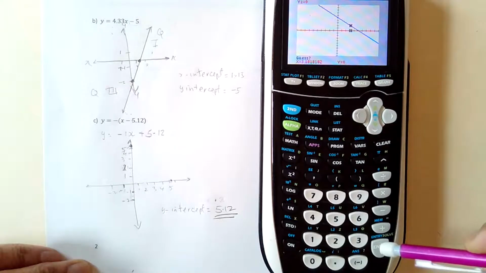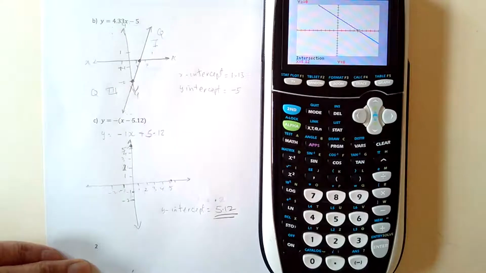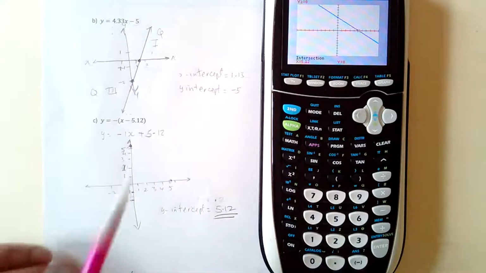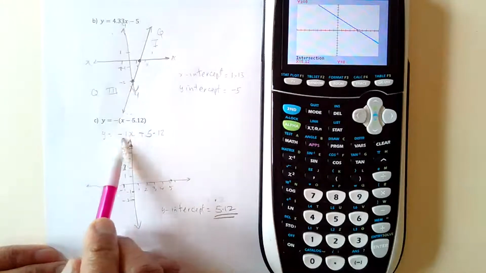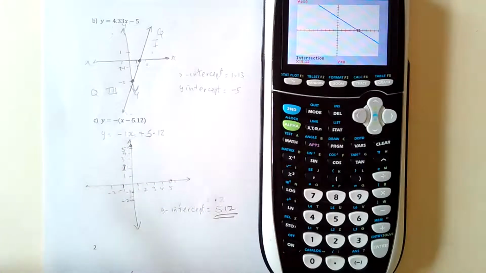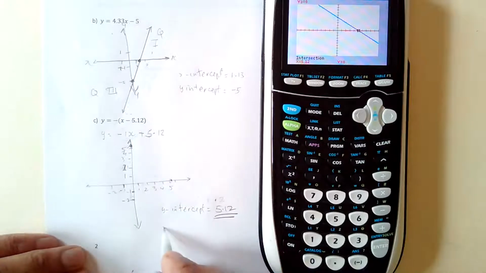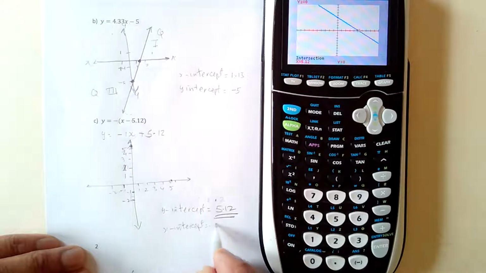Press enter, enter, enter again, and that gives me 5.12. Oh, look at that. Very unique. And you know why? Because the slope is equal to -1. So the x-intercept is equal to positive 5.12.